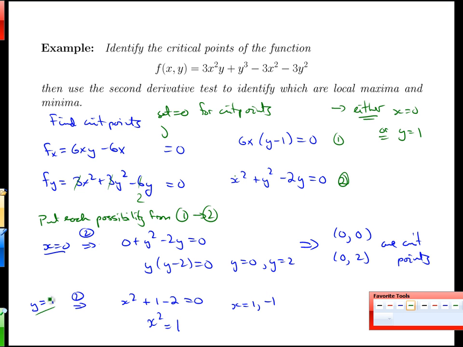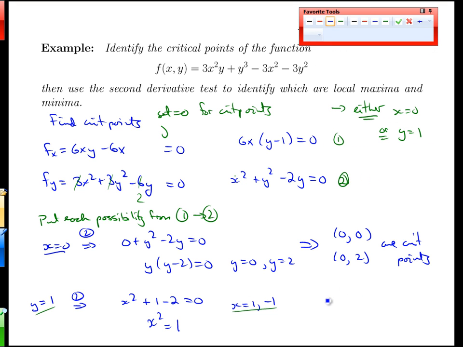So y equals 1 could work with either x equals 1 or x equals negative 1. And that means, careful, x comes first: (1, 1) and (negative 1, 1). Those are two x values with the same y value, also critical points. So we've got a host of them here. We have 4 different critical points.